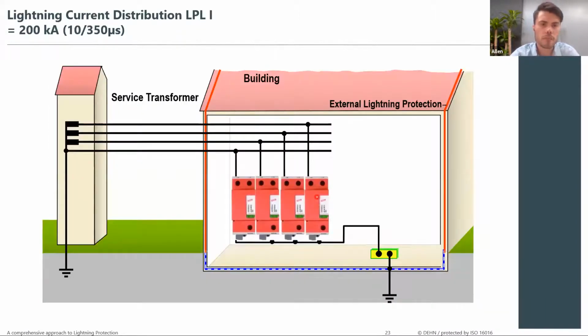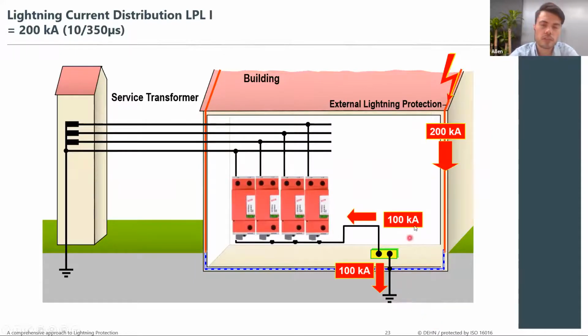Another example of SPDs and how they are actually rated: you have a lightning strike to the external lightning protection system. In this case it is a 200 kA strike, which is your lightning level 1. The general rule of thumb is that half of the lightning current will dissipate into the ground, and the other 50% will go back onto your earthing system.